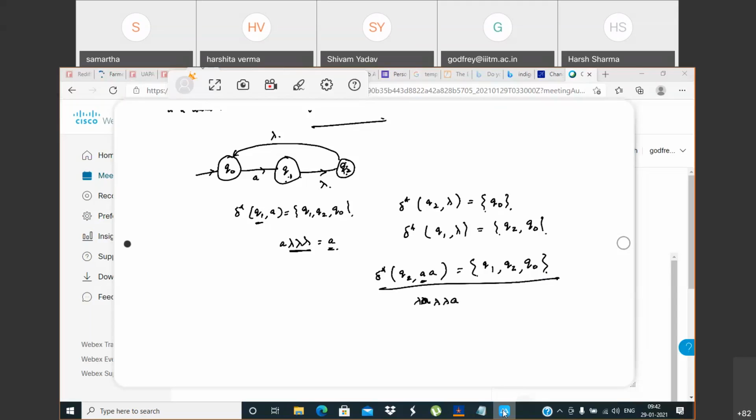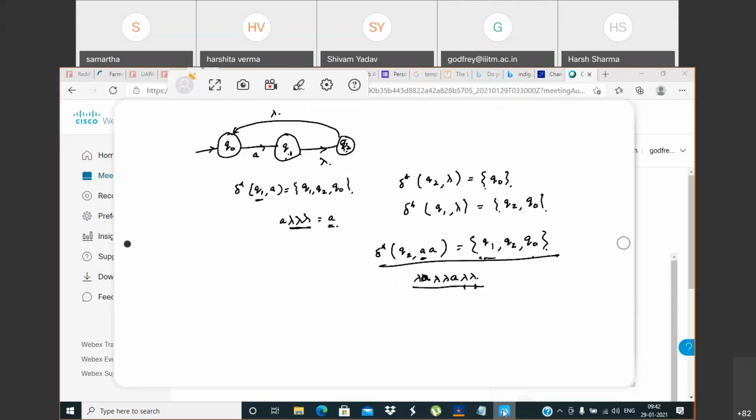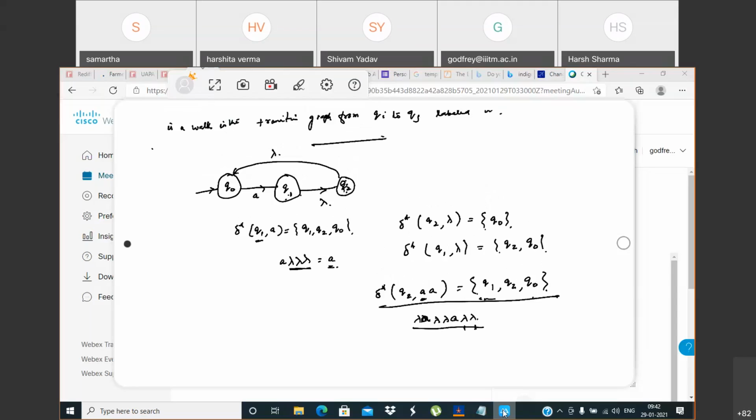All the states that are reachable, with one lambda after A, two lambdas after A, several lambdas after A, all of that I will be able to write here, right? This way we compute the lambda transitions, the computation of lambda transition.